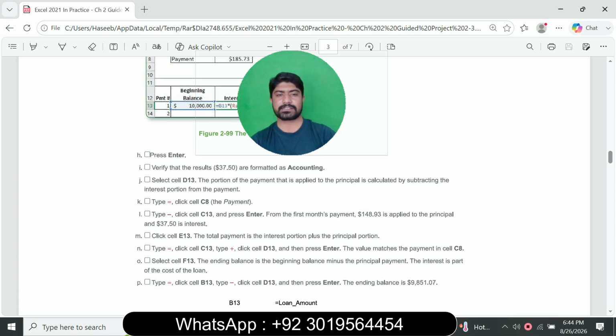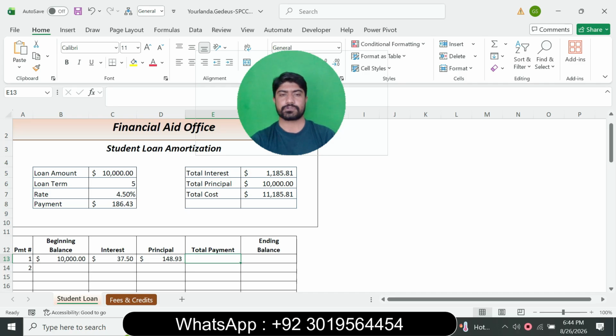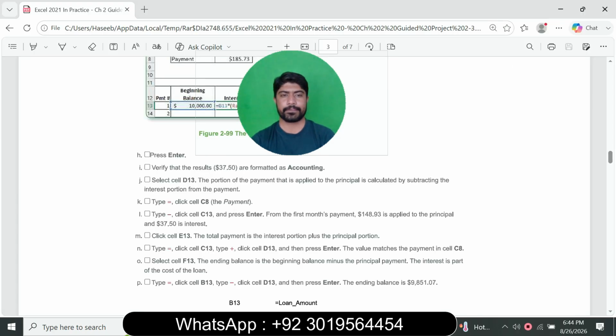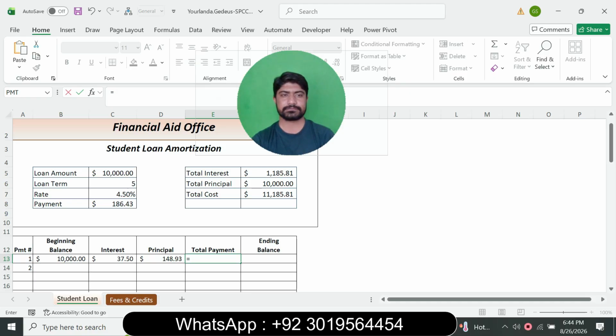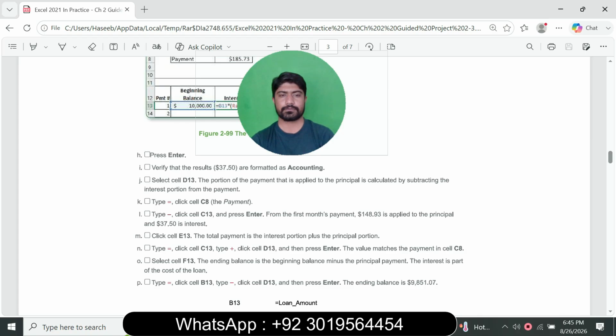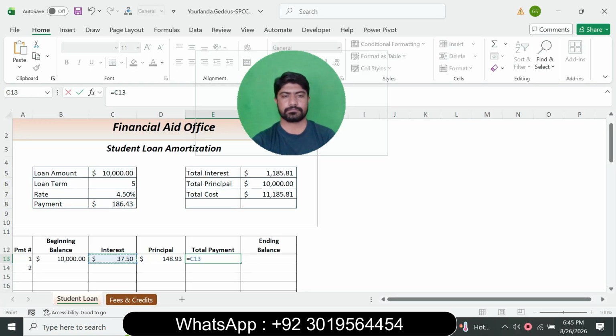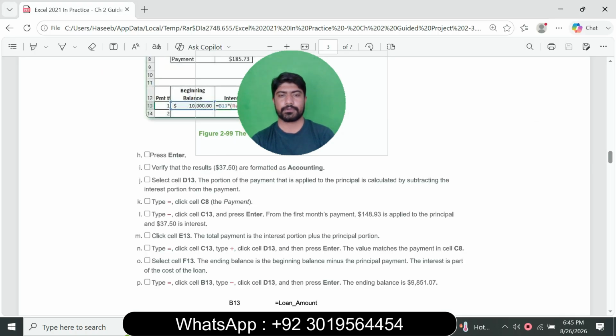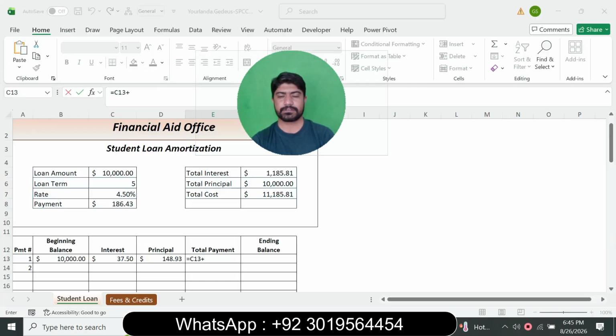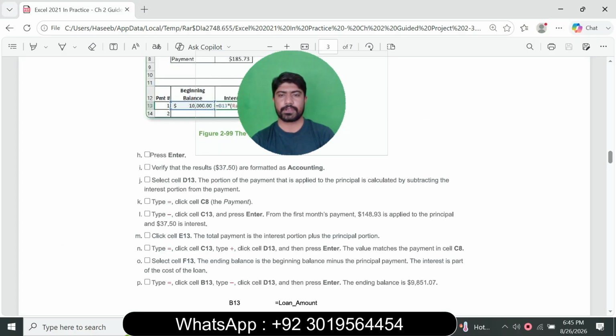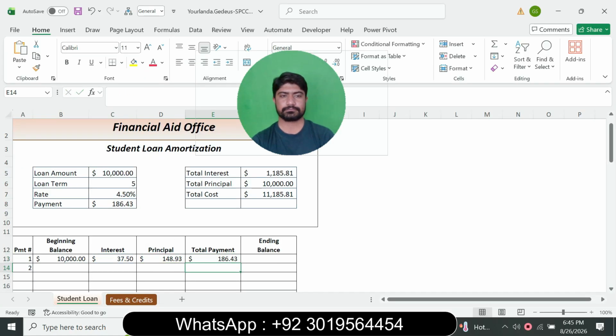Type equal to and click cell C13, plus click cell D13 and press enter. So the result is 186.43.